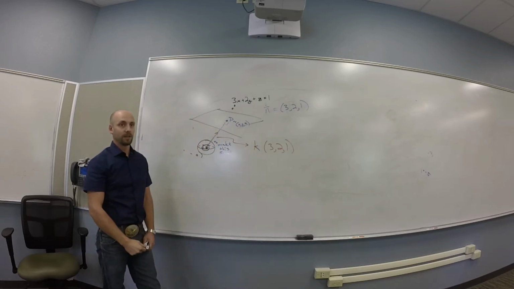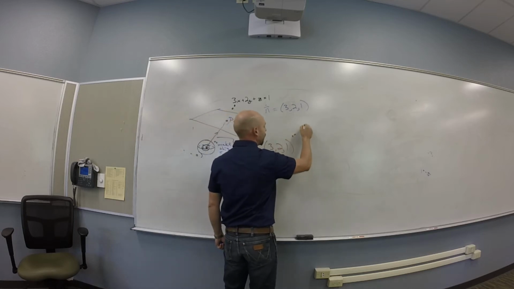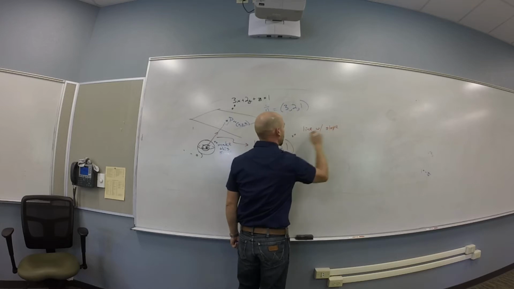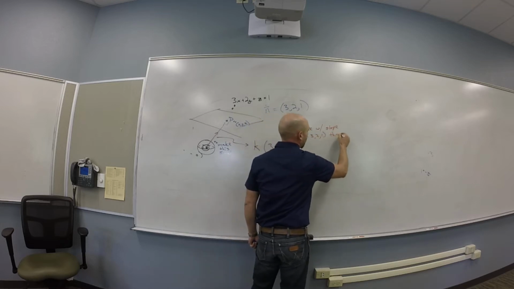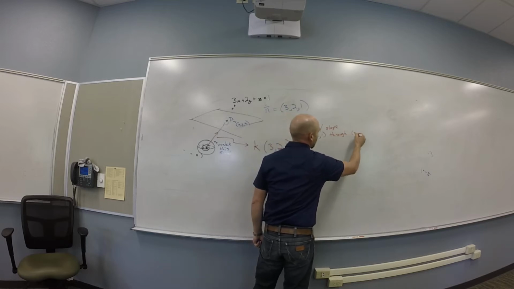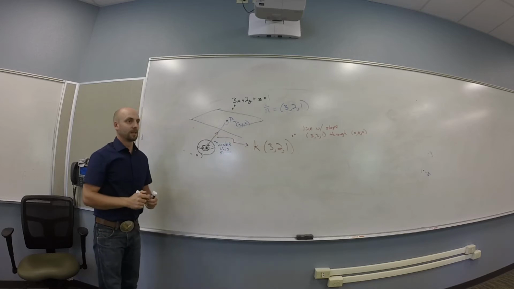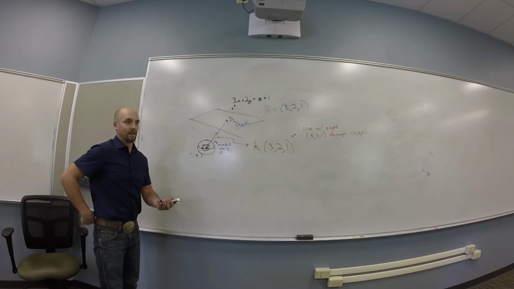What I'm really thinking about is a line with slope 3, 2, 1 through 0, 0, 0. And then I want to know when that thing hits the plane.